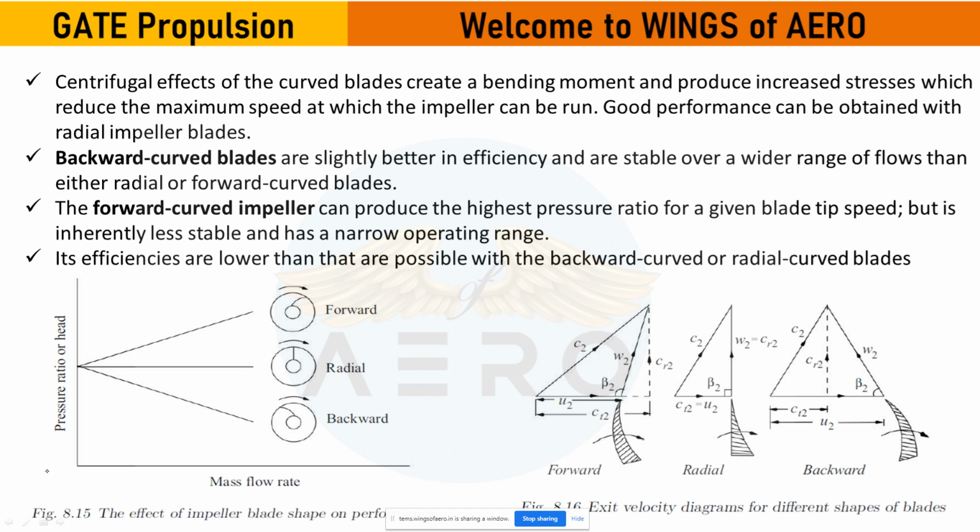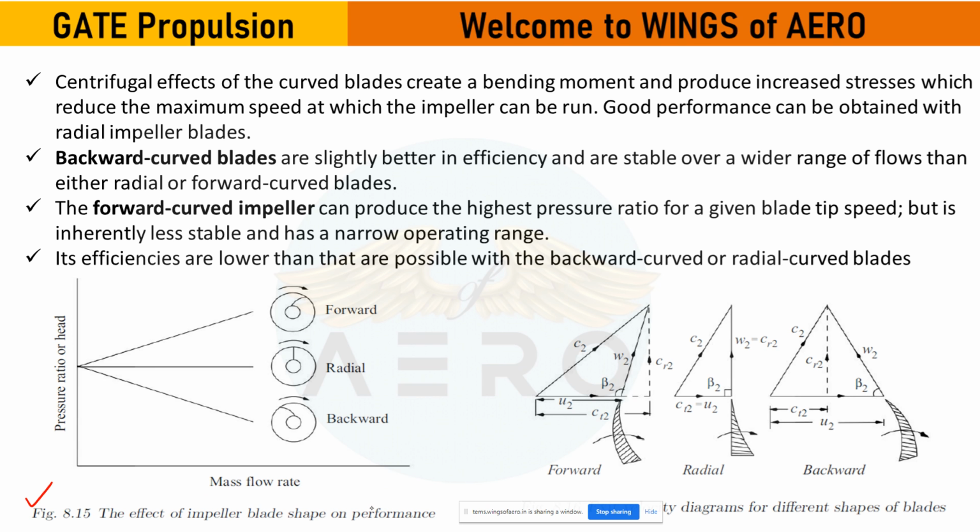Okay, so now we will see the performance comparison between the backward curved, radial and forward curved impeller blades. Before moving on, let's look into figure 8.15. It shows the effect of impeller blade shapes on performance.